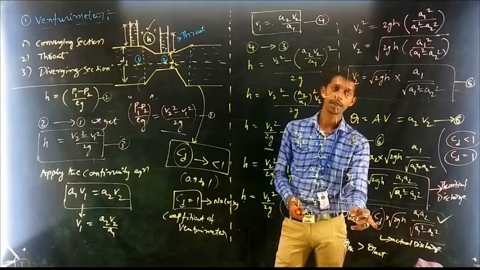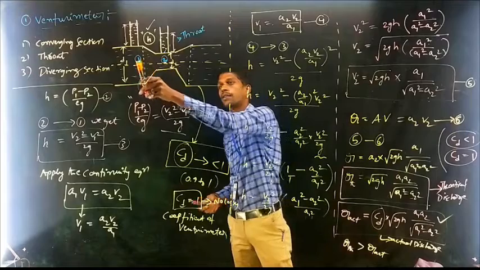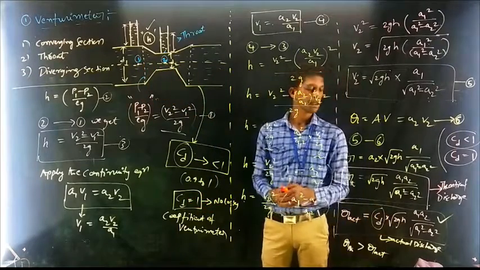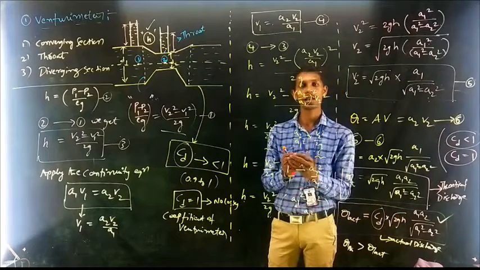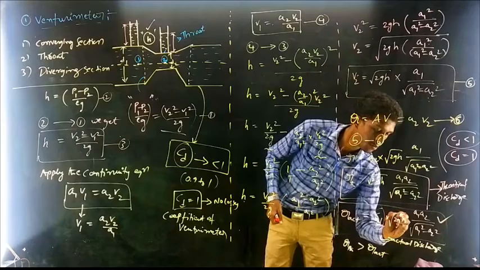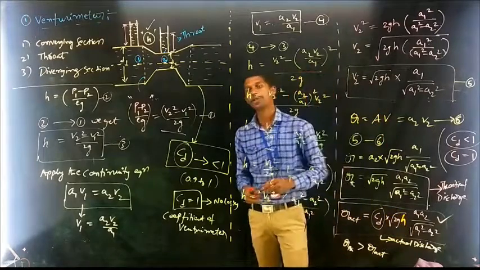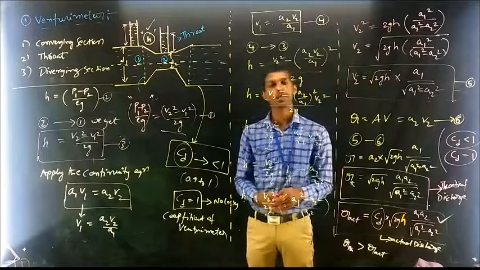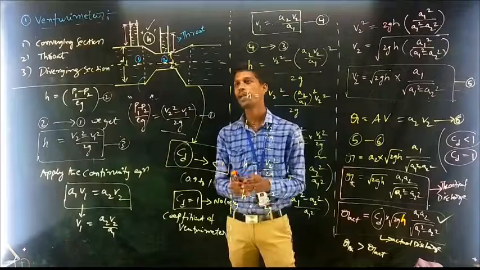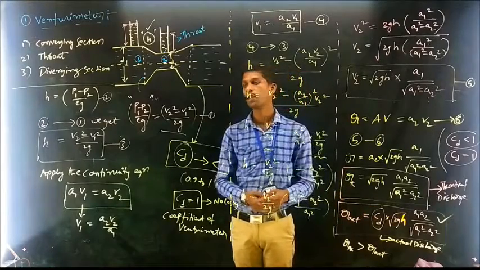Here CD is called the coefficient of discharge, A1 and A2 are the cross sectional areas of the inlet and throat, G is the acceleration due to gravity, and H is the difference of pressure heads. So the H value is important here. Based upon the position of the manometer and the liquid inside the manometer, the formula for H will change.